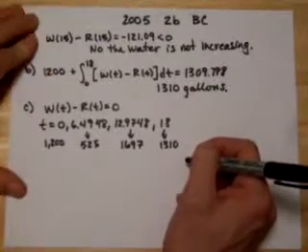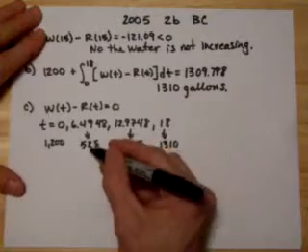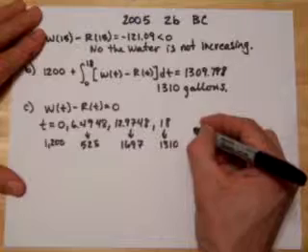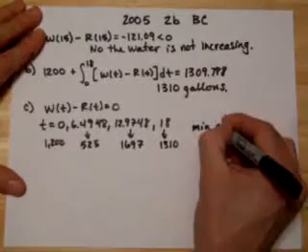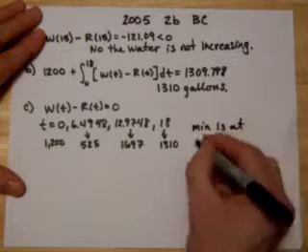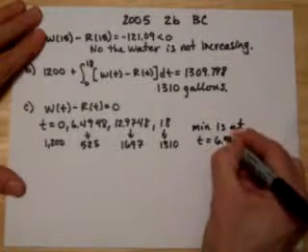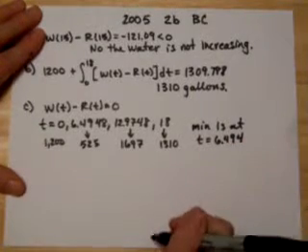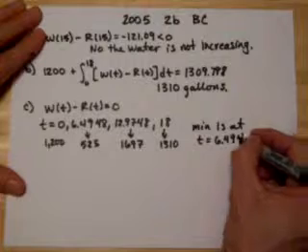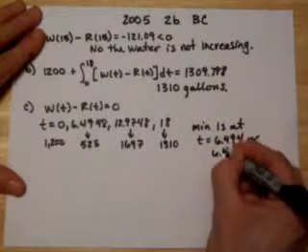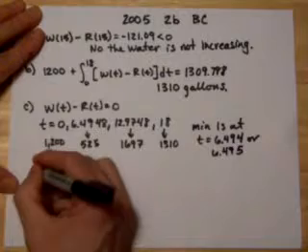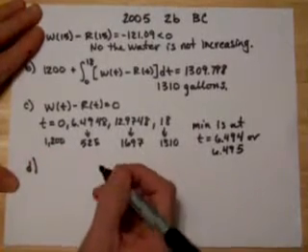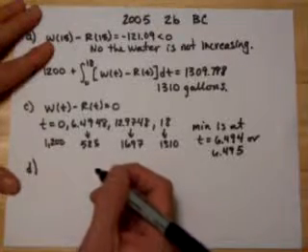And so the minimum obviously happens at 6.49 because that's when it's the least, and so the minimum is at t equals 6.494, or 6.495.